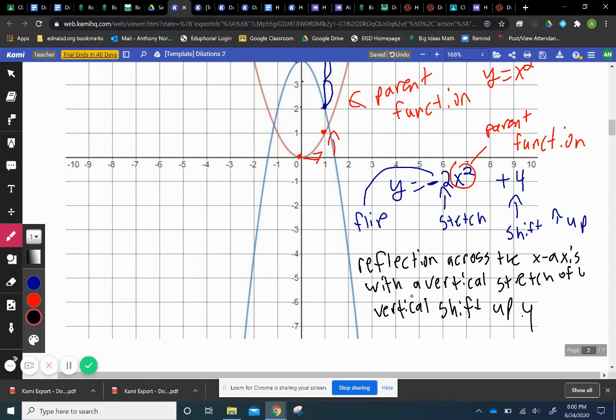Oh, this is not a vertical stretch of 4. This is a vertical stretch of 2. So that's 1, 2, 3, 1, 2, 3 parts.